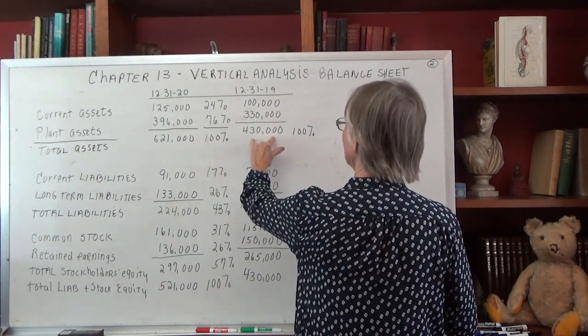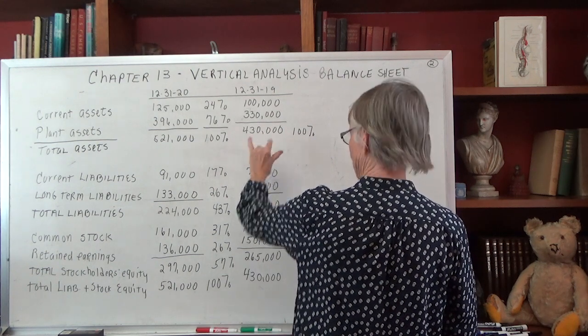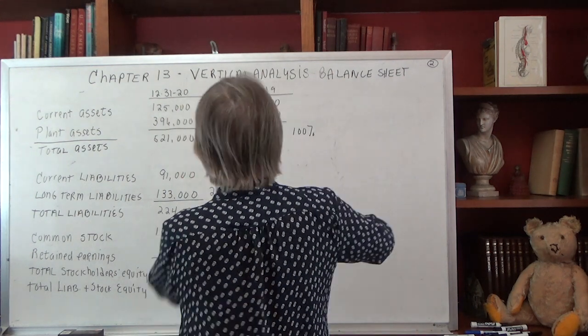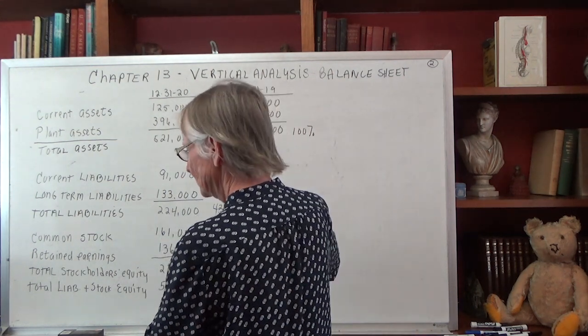Okay, so this would be the assets, total assets of 430, total liabilities and stockholders' equity of 430. And so we would simply do 100 divided by 430.